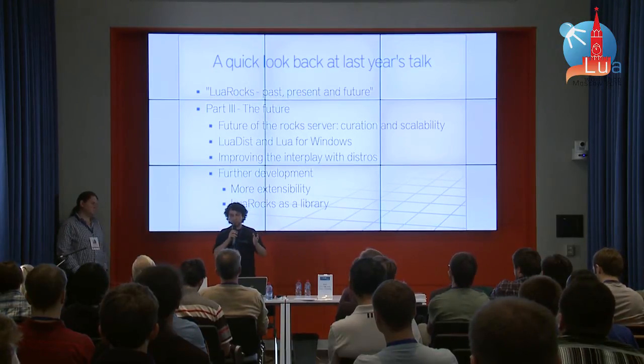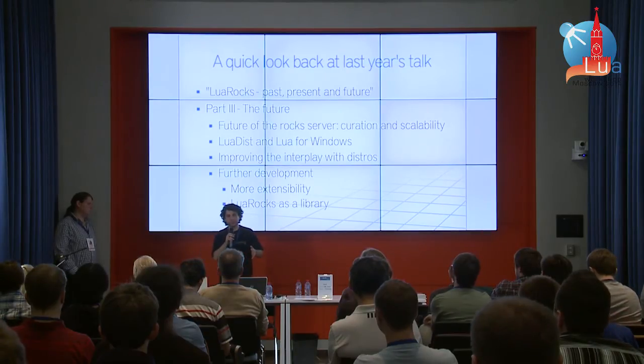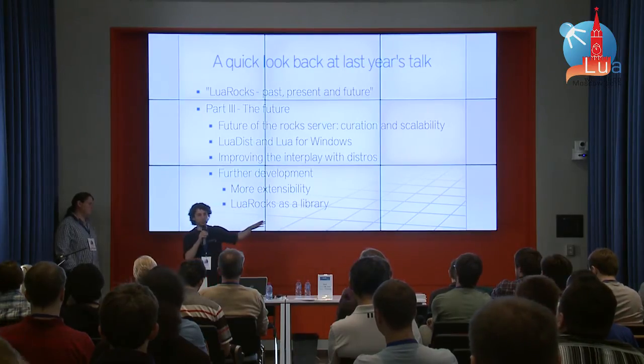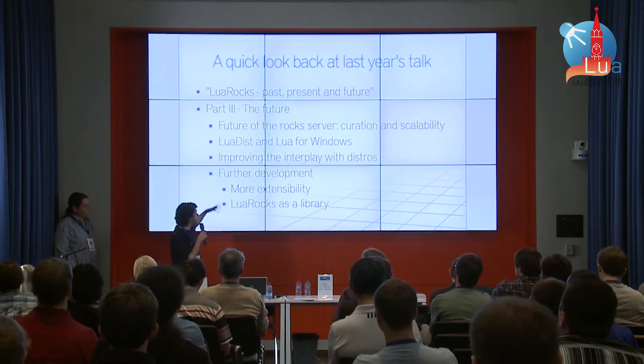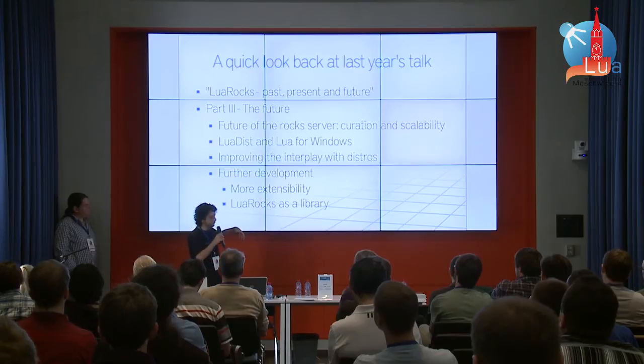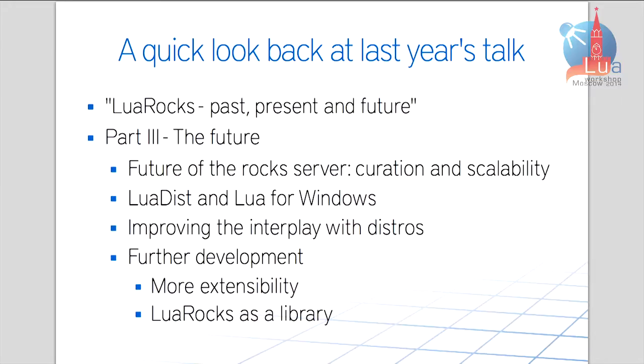So you cannot expect to have everything packaged through RPM or apt. There's a place for language package managers there. And we discussed further development, like more extensibility, LuaRocks as a library, and things like that. So let's see how that went from last year until now.